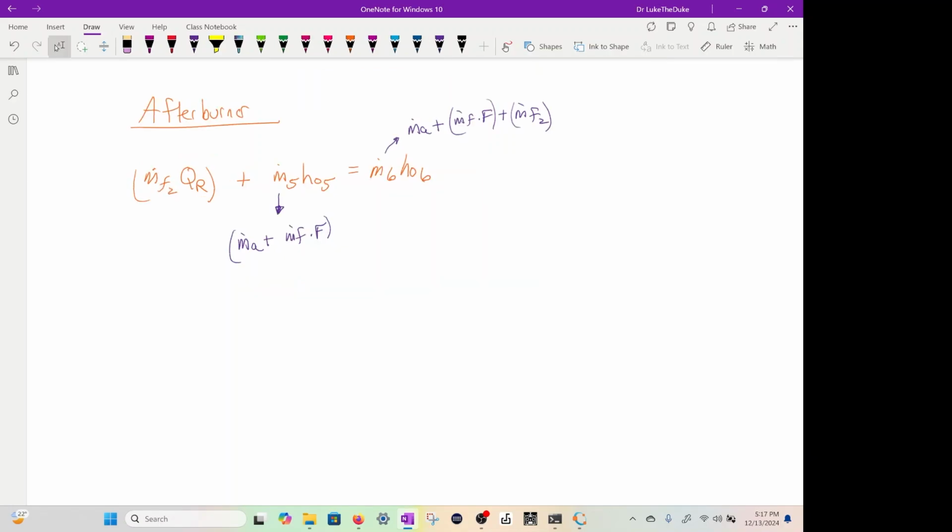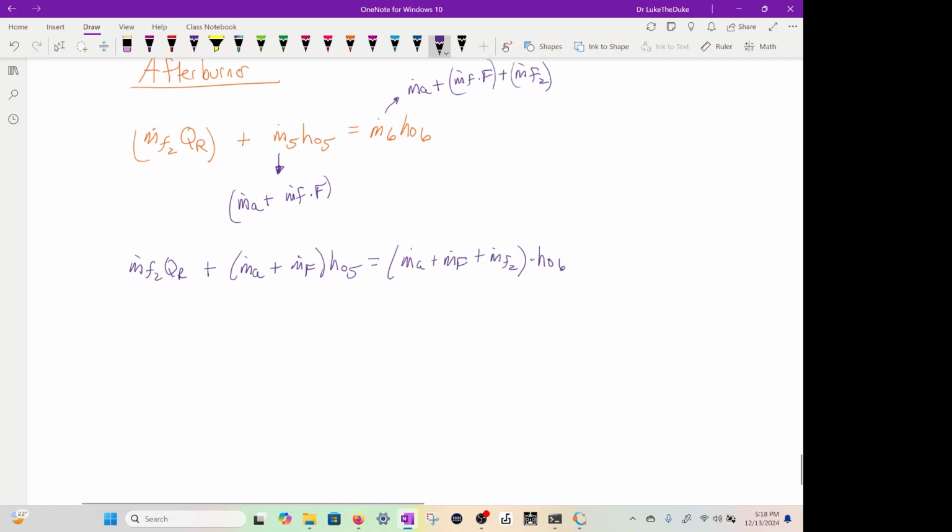Now we can rewrite this as m_f2 Q_R plus m_a plus, I'll call this just m_f for now, times h_5, equals m_a plus m_F plus m_f2 times h_6. Again, energy in, energy out.